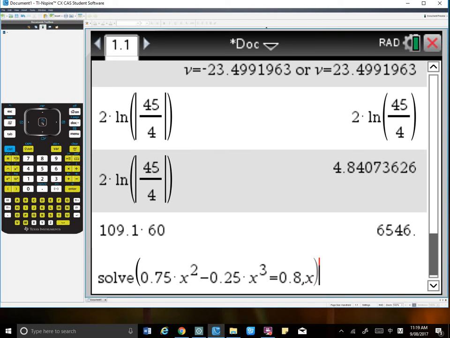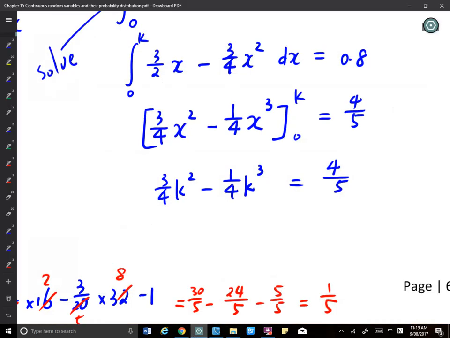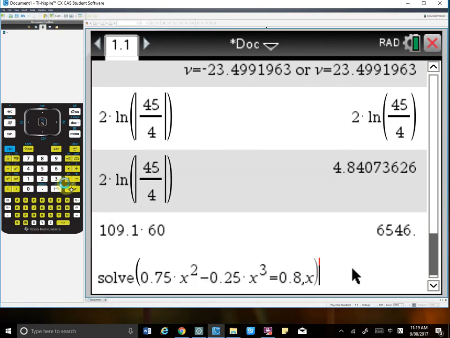Okay, we have this equation here. Double check it, which is correct.